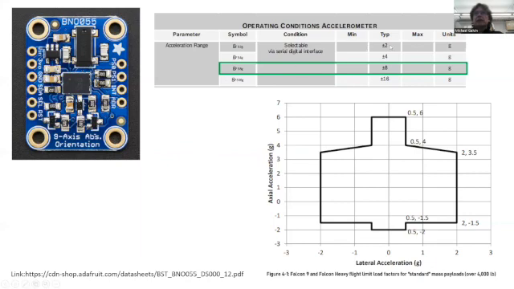So you can set this accelerometer to measure within plus or minus 2 Gs, plus or minus 4 Gs, plus or minus 8 Gs, or plus or minus 16 Gs, and you set that up with your own code at the initialization of the inertial measurement unit.